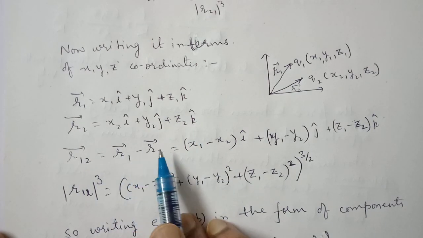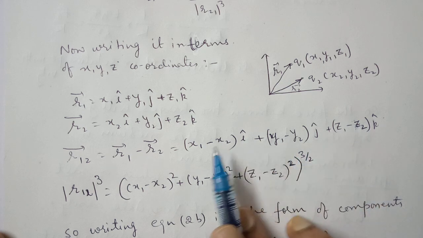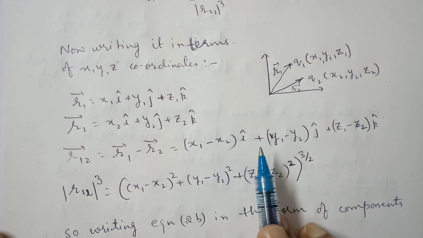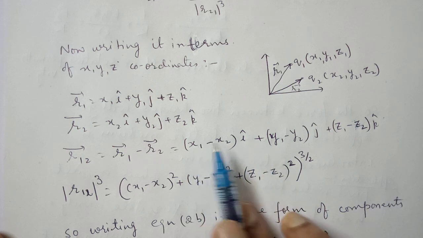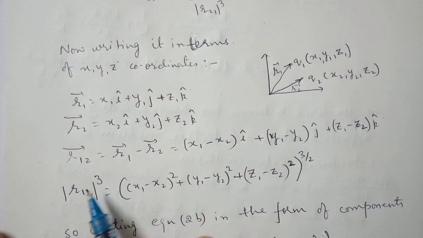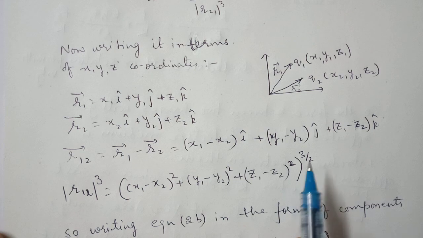R12 becomes R1 minus R2 given by this expression. What is the magnitude of this R12? It is the square root of x1 minus x2 squared plus this quantity squared plus this quantity squared, and hence R12 cube becomes an expression like this.